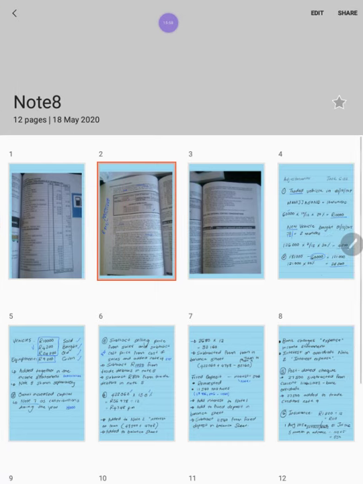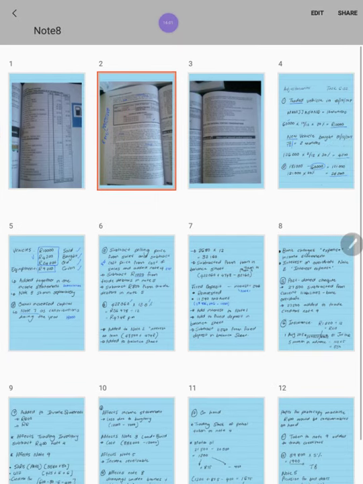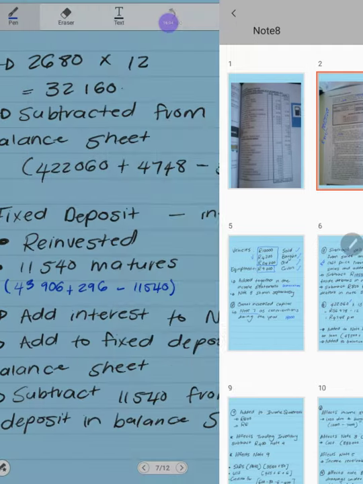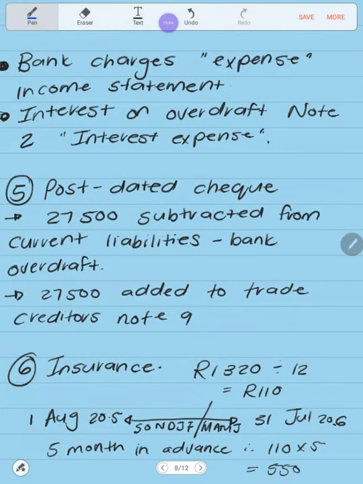What am I going to be doing? Post-dated check, the 27,500 is subtracted from your current liabilities in your balance sheet.